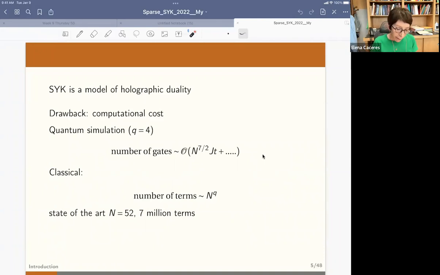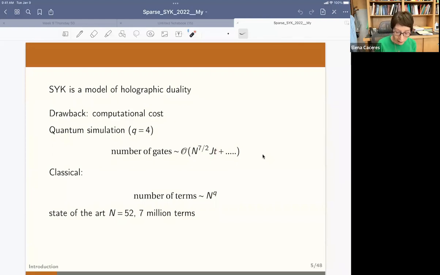But in any case, for a quantum simulation, the experts say that for q equals 4, the number of gates goes like n to the 7 halves. So if you want large n and long times, it's very expensive to do these large scale simulations.